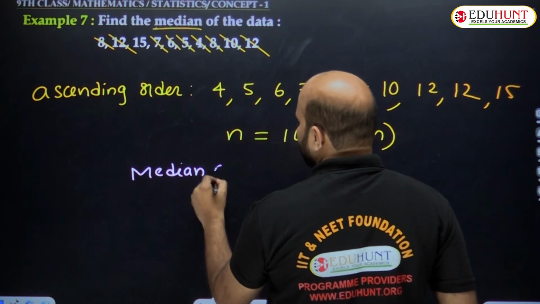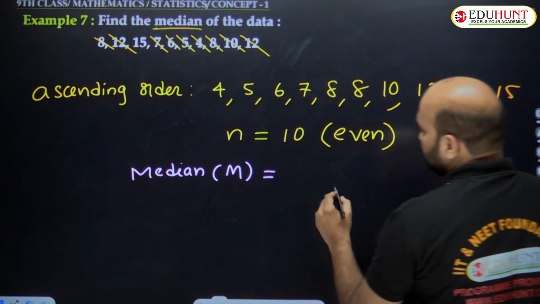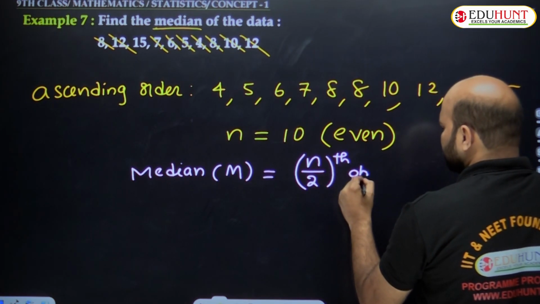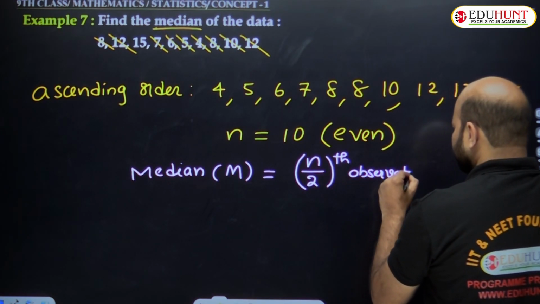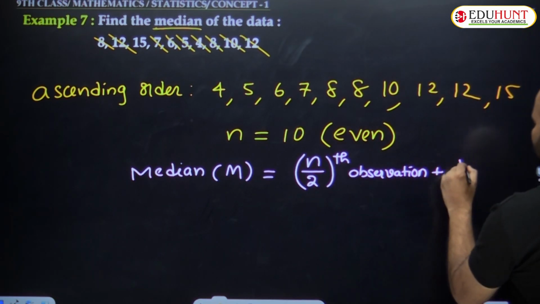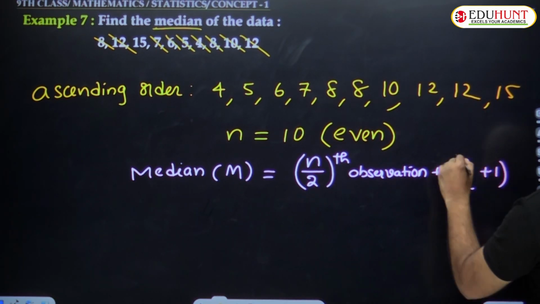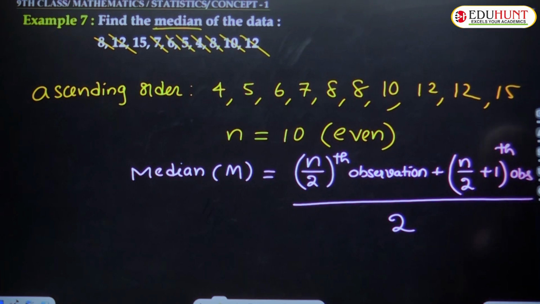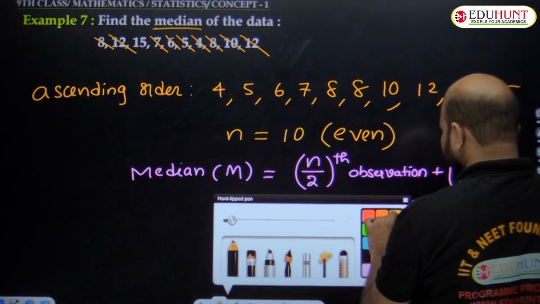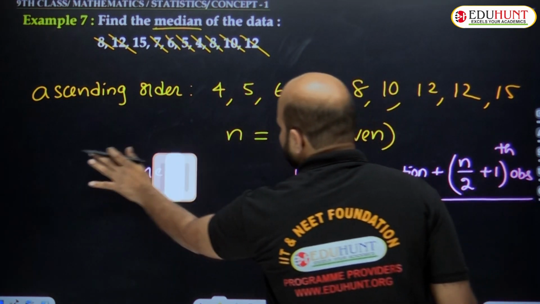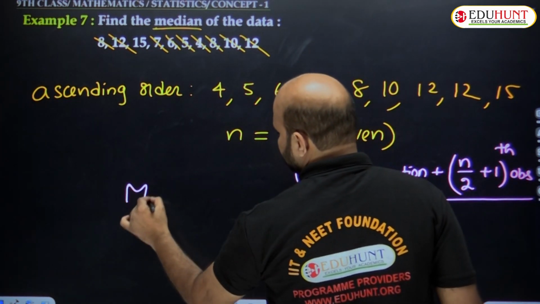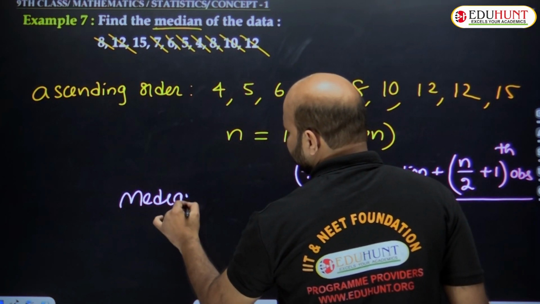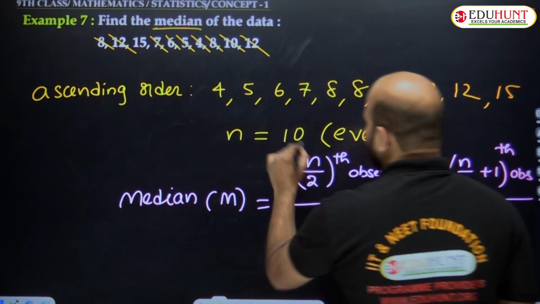So median, capital M, equals the n by 2th observation plus the n by 2 plus 1 observation, whole by 2. So this is the formula. But here n equals 10.